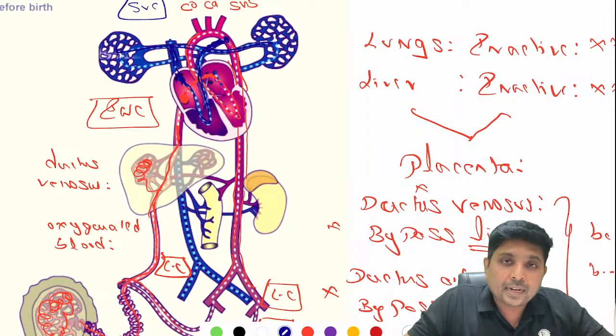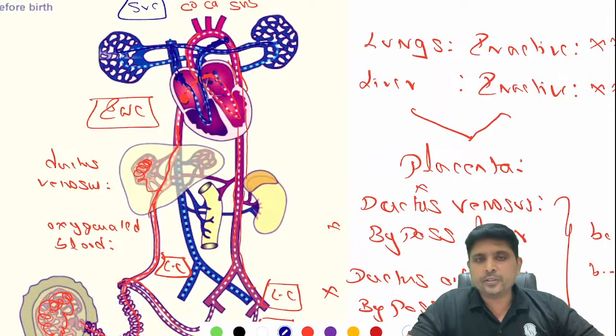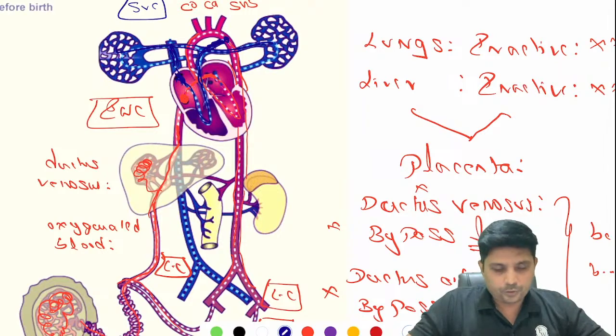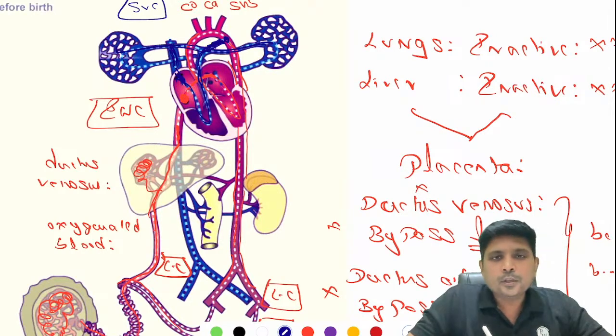Is this a parallel circuit or serial circuit? This is a parallel circuit. This is called fetal circulation.